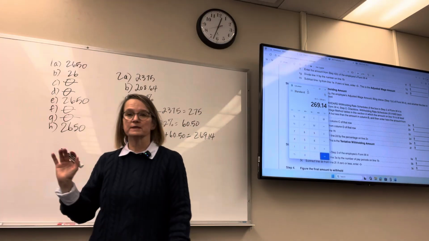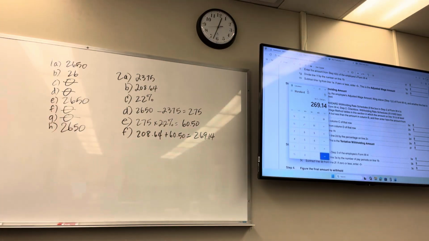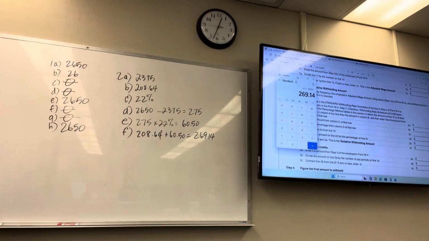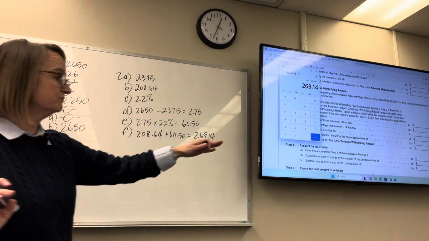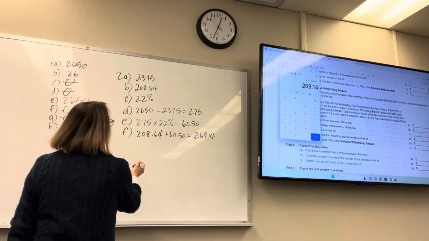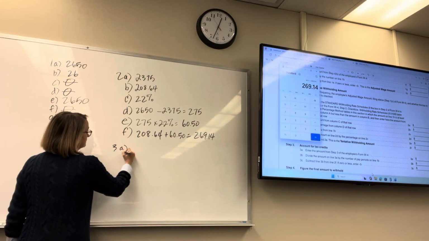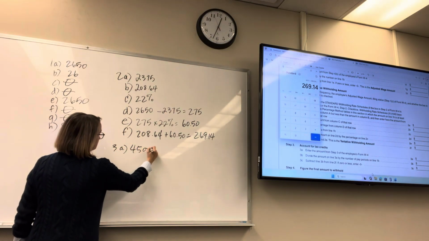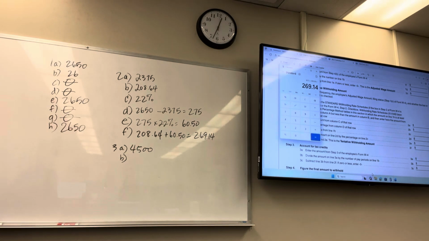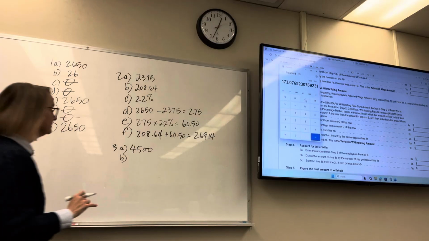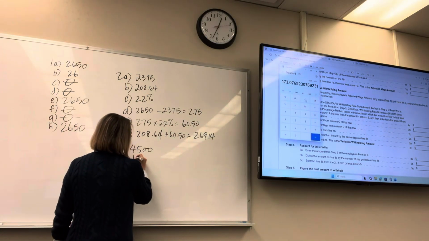Okay, we're not done because we've got an amount in step 3. So we're going to do step 3 down here. Enter the amount from step 3 of the employee's W-4. Step 3 is 4,500. Divide the amount on line 3A by the number of pay periods. 4,500 divided by 26 pays is 173.08.